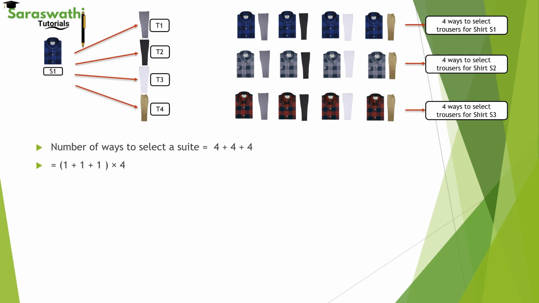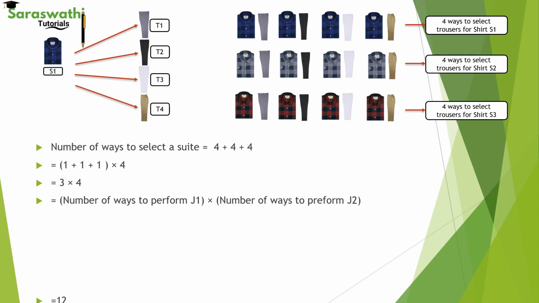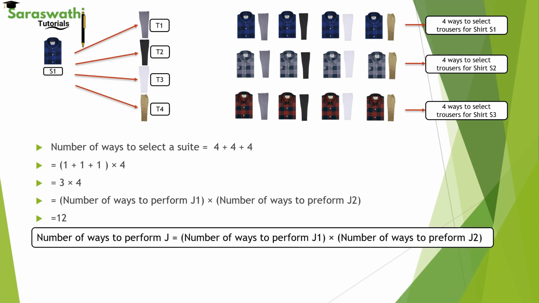This equals 3 multiplied by 4, which is the product of the number of ways to perform J1 and the number of ways to perform J2. That gives us 12. Therefore, the number of ways to perform J is equal to the product of the number of ways to perform J1 and the number of ways to perform J2, which is the multiplication principle.